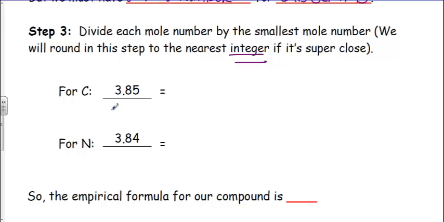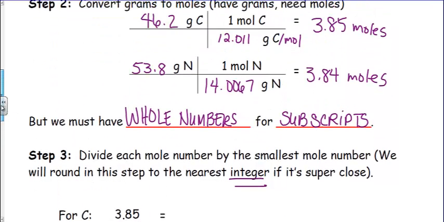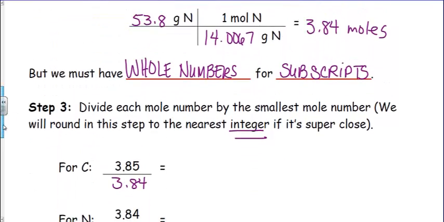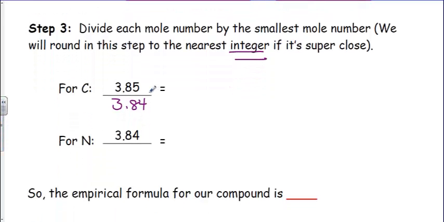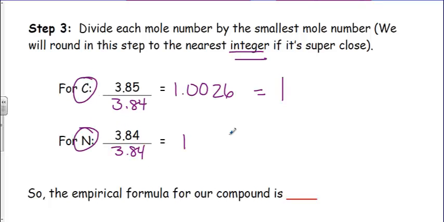The smallest number of moles we have is 3.84 out of the 2 that we calculated. So going back up here, we have 3.85 or 3.84. We're going to go with the lowest number. When we divide this out, we get 1.0026, which is then going to be 1. It's super close. And for nitrogen, 3.84 divided by 3.84 is equal to 1. So this tells us how many moles for each we have.